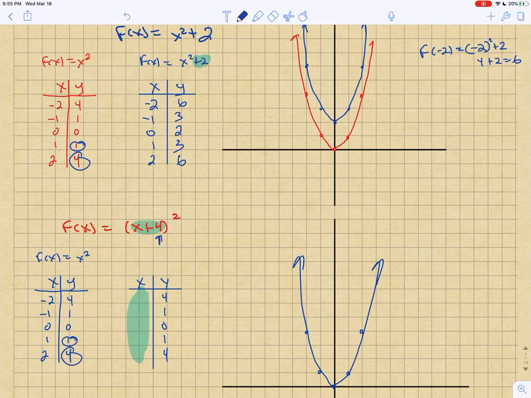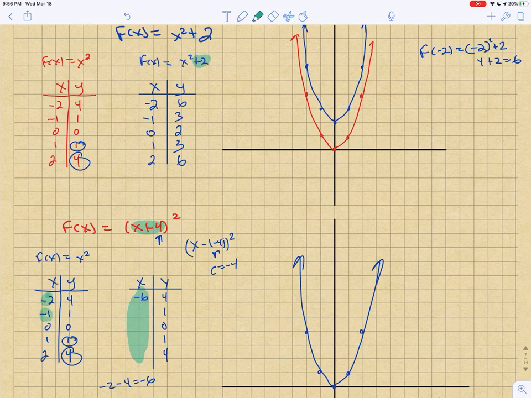But now it says, according to this, it's in the form of x minus c, and c is equal to negative 4. So I'm going to add negative 4 units to everything. So I had negative 2, subtract 4, or negative 6. So my new x value is negative 6.